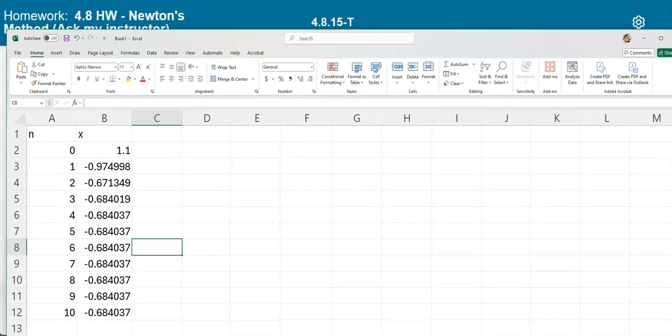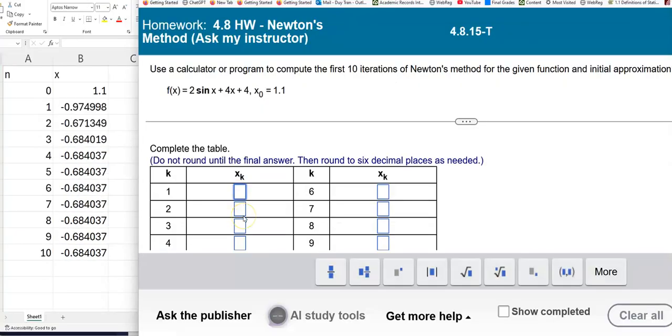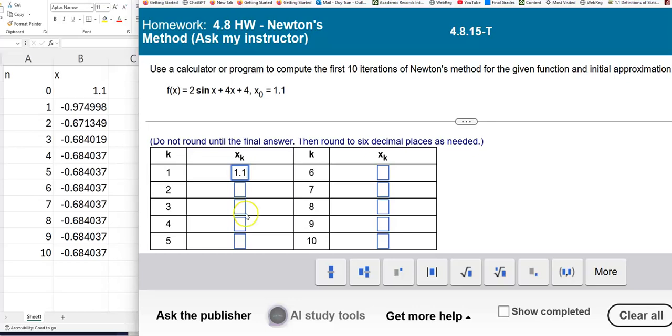Let's put that in and check the answer. This is 1.1, x sub 0. Oh, sorry, this is x sub 1: negative 0.974998. X sub 2: negative 0.671349. X sub 3: 0.684019.